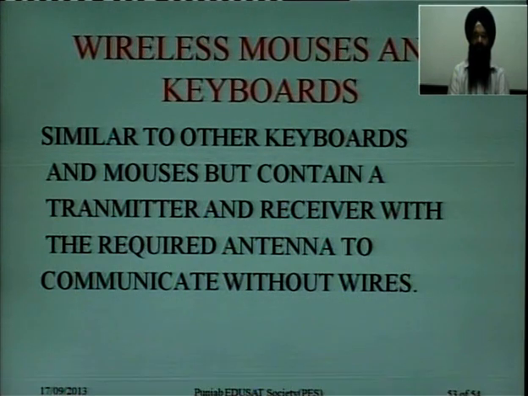These wireless mouses and keyboards are similar to other keyboards and mouses, but they contain a transmitter and receiver with the required antenna to communicate without wires. They can be infrared transmitter and receiver, because in a small range, since we have to read the screen also, nowadays only infrared transmitter and receiver wireless mouses and keyboards are in use.